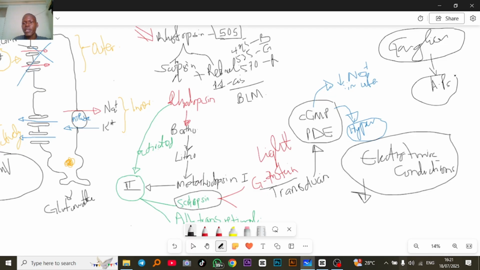So take note that action potentials are only generated at the level of the ganglion cells, whereas in the other cells, the visual signals are transferred as electrotonic conductions. So that will cover the bit of phototransduction. And in the next part of this video, we are going to look at the different types of cells, and that is the bipolar cells and the ganglion cells within the retina.